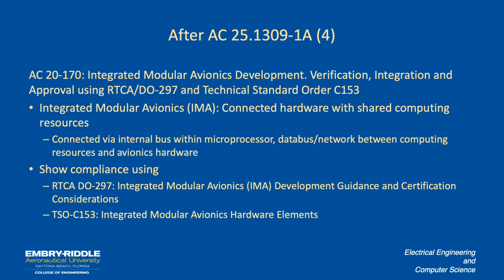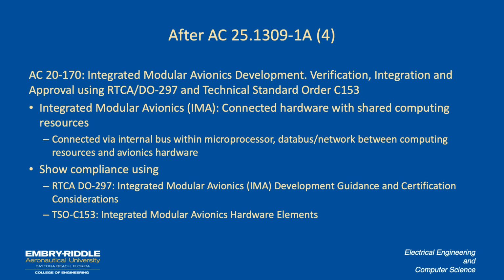On a general aviation aircraft, you could have one microcontroller talking to all the different avionics units, running on a time-shared basis, the standard way we do computing, where you swap processes in and out. You have to demonstrate you have enough resources for each of the processes you're running. That's what DO-297, Integrated Modular Avionics Development Guidance and Certification Considerations, is about.